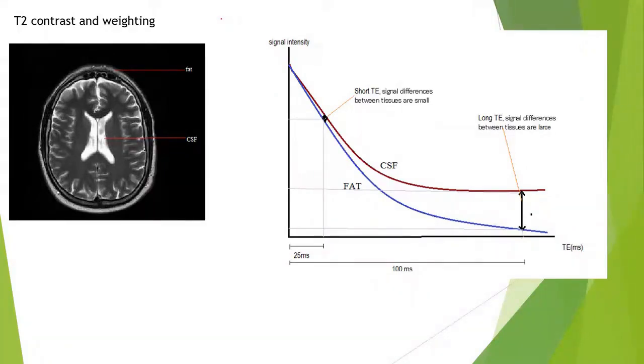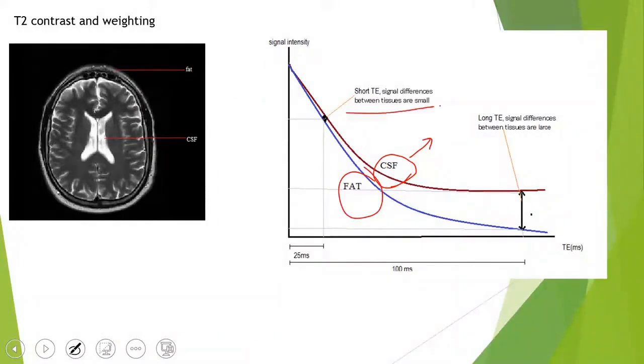When examining the transversal magnetization, you find that the decay of water, for example, takes longer than that of fat. At that time, if you register your signal with a short echo time, the difference between fat and water won't be significant, so you should choose a long echo time to register your signal.